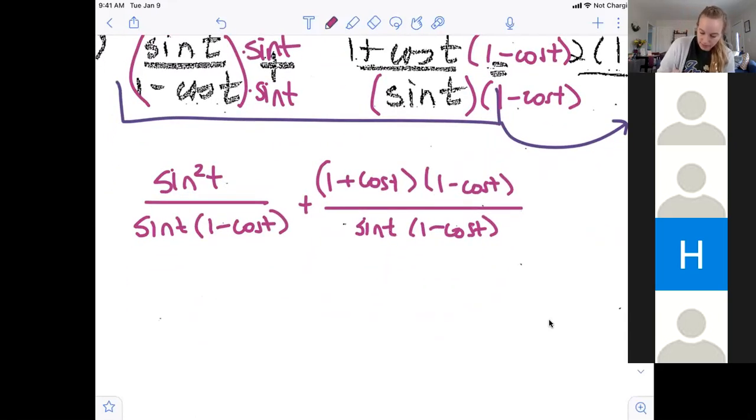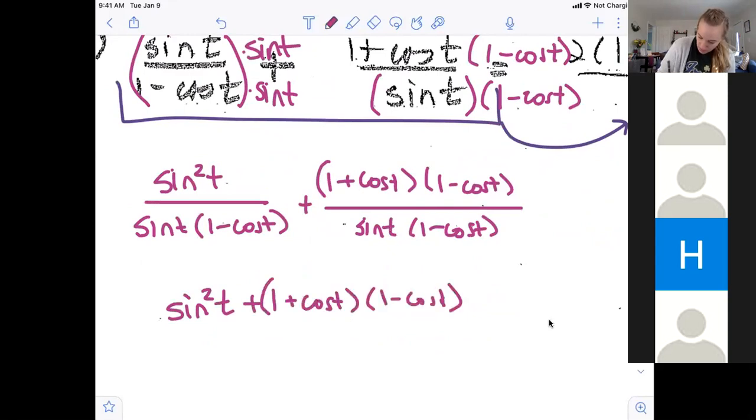That gives me, I'm going to combine everything together. I've got sine squared t plus 1 plus cosine t times 1 minus cosine t, over sine t times 1 minus cosine t.